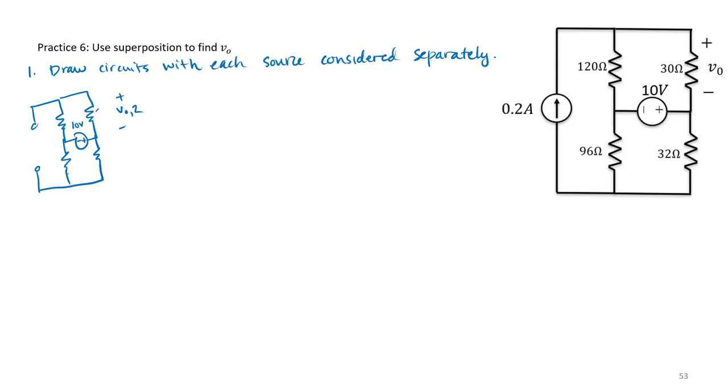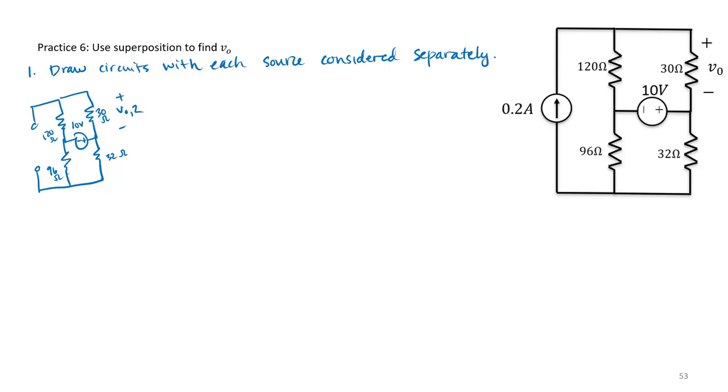And I'm going to say, here's my 30 ohm resistor, 120 ohm, 96 ohm, and 32 ohm. So notice with the voltage alone, my current source gets replaced with an open.